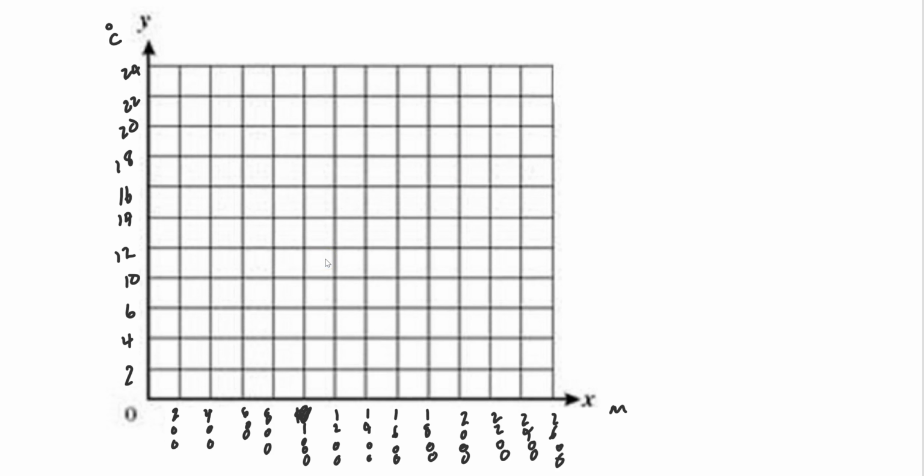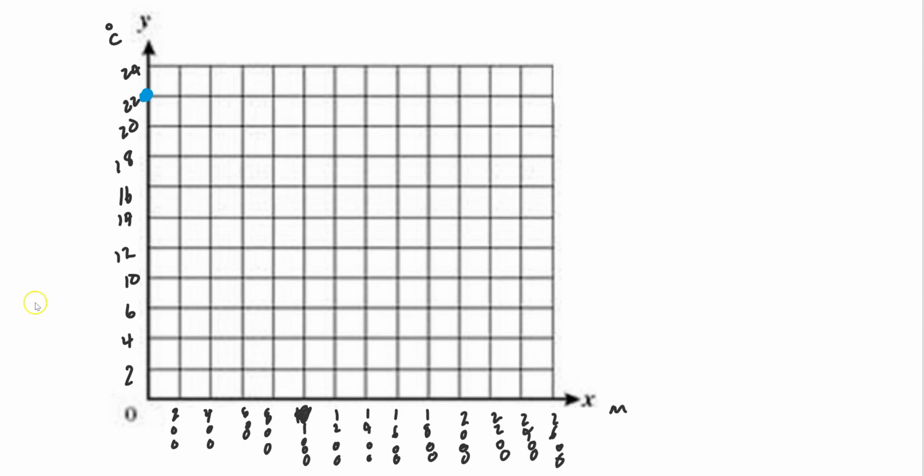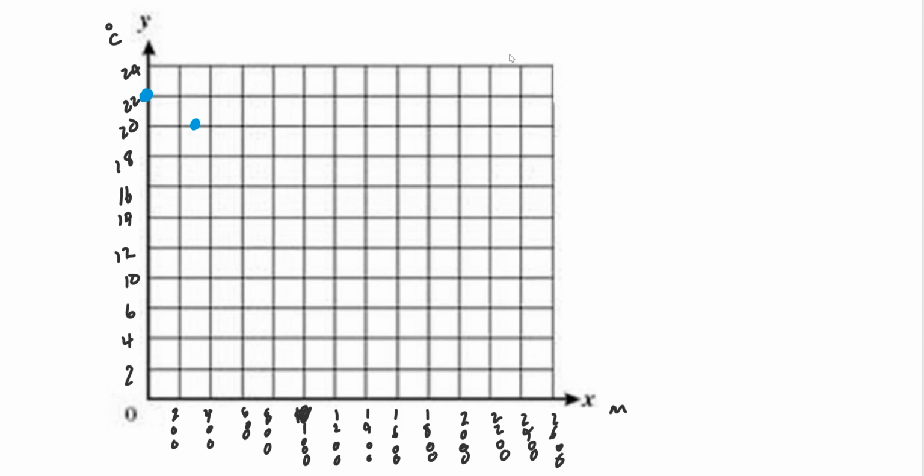So at surface level, at sea level, I'm at 22 degrees Celsius. And then at 300, I'm at 20. So 300 meters down, it's at 20 degrees. That's the best estimate. And then at 500 meters, I'm at 13 degrees. So 500, 13, that was a big jump.